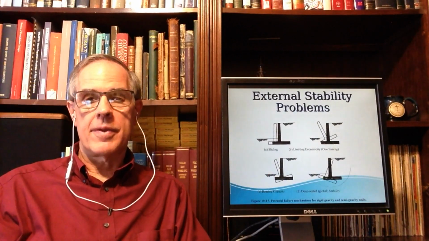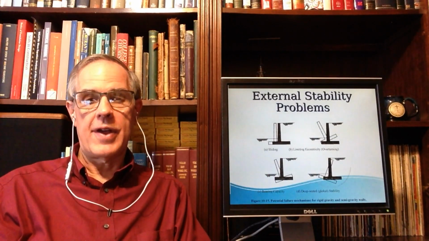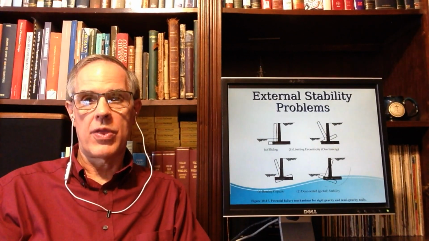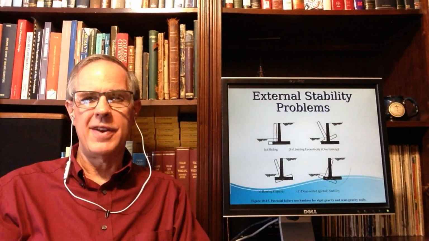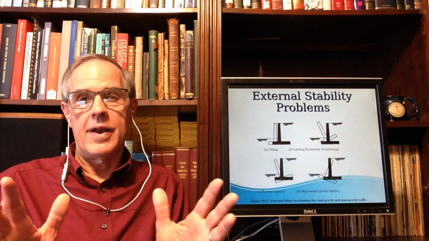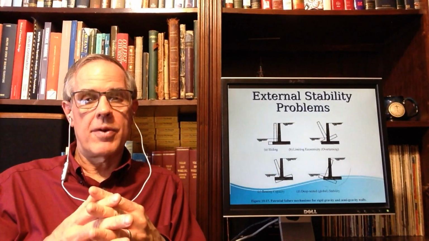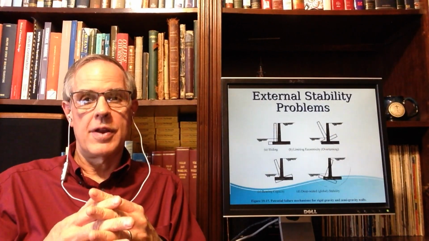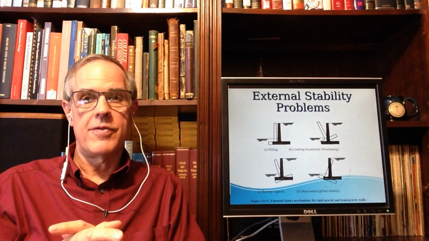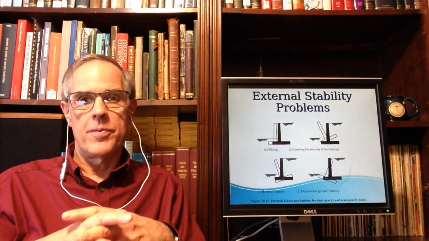Believe it or not, this type of failure still happens, because engineers can easily ignore it. Let's just be up front: this course is not going to consider global stability. There are software packages which will do that, and you can also use slope stability if you know what you're doing.